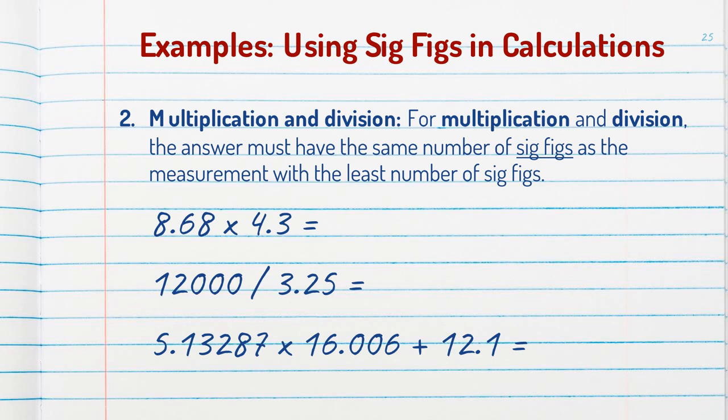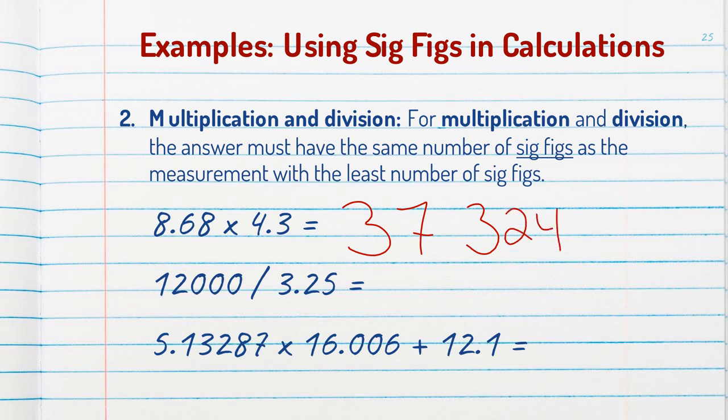All right, let's do some practice with multiplication and division. So 8.68 times 4.3 would be 37.324.